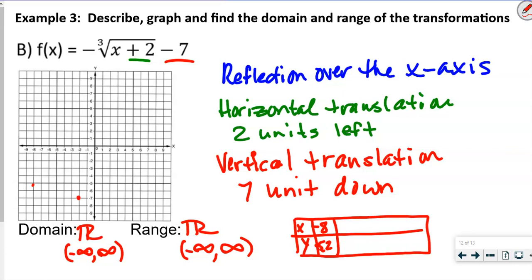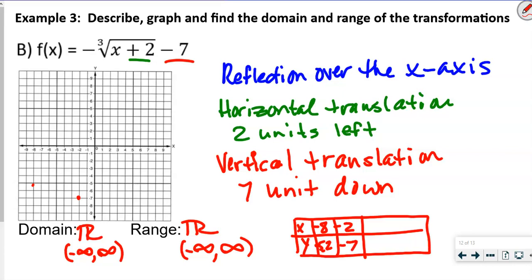I knew that point because that is where the center of the graph is at. So again, if I put -2 in there, I'm going to get -7 for my y, okay?